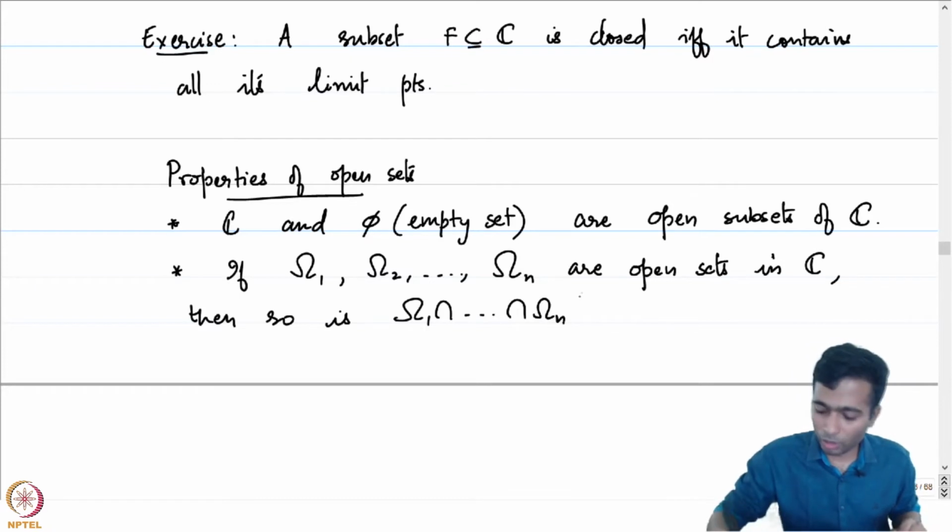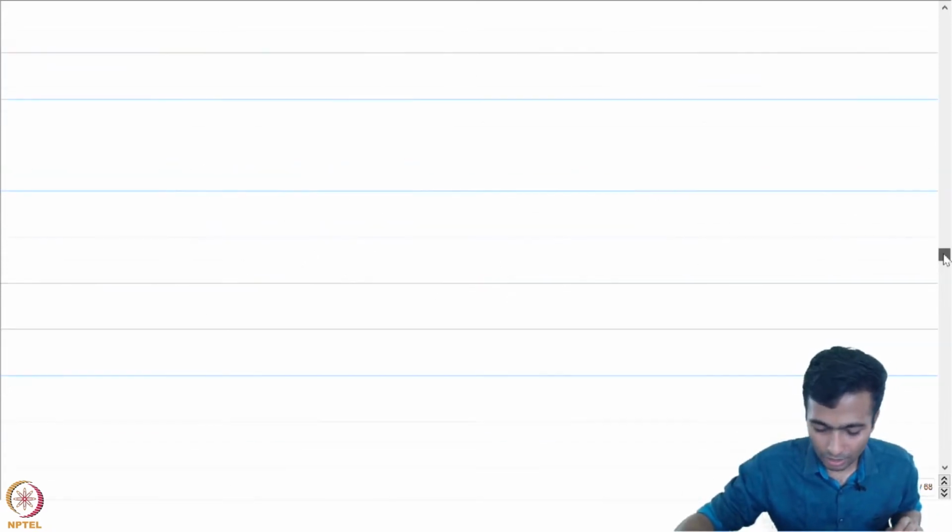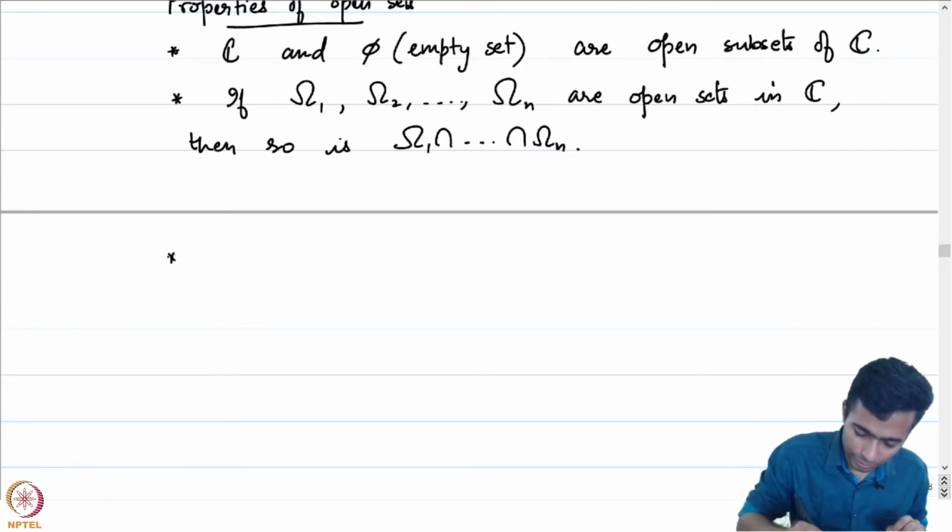All finite intersections of open sets are again open sets. Again, I will not prove this, it's an easy check. You should sit down and work it out if you have not seen it before.